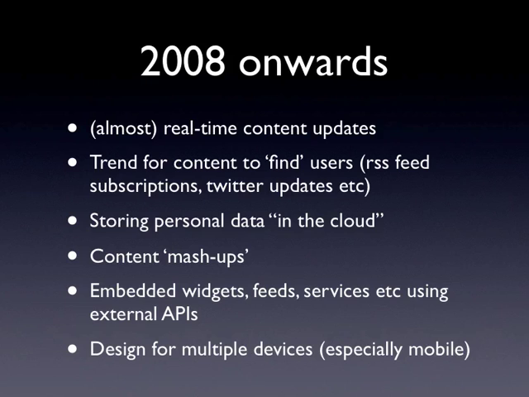So rather than having your data on your computer and then having to go get it, it's stored in the cloud, and by the cloud we just mean on the internet somewhere, and you access it as you need it, from whichever device you happen to have on you at the time. So we have things like content mashup, combining information from a lot of different sources across the web into new interfaces, and that's something that we looked at in KIB 204 last semester.